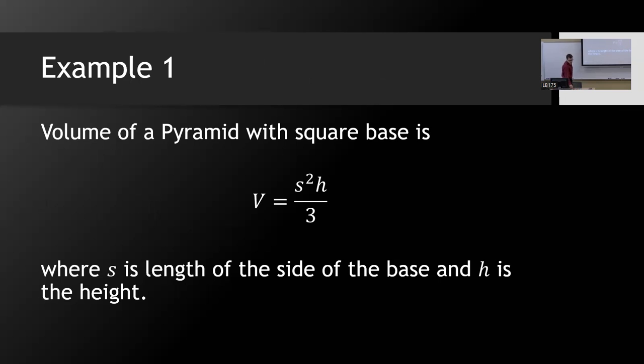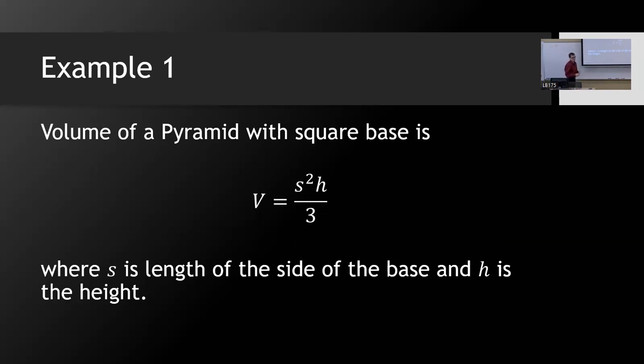Let's look at the volume of a pyramid. If you looked up the volume of a pyramid with a square base, the volume of that pyramid would be given to you by the following equation: V = S squared times H divided by 3.